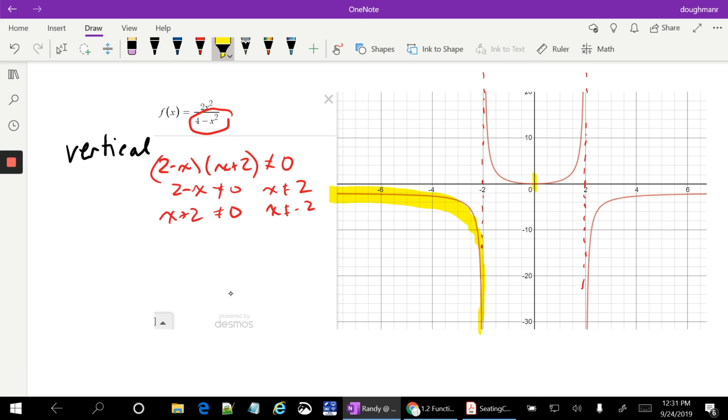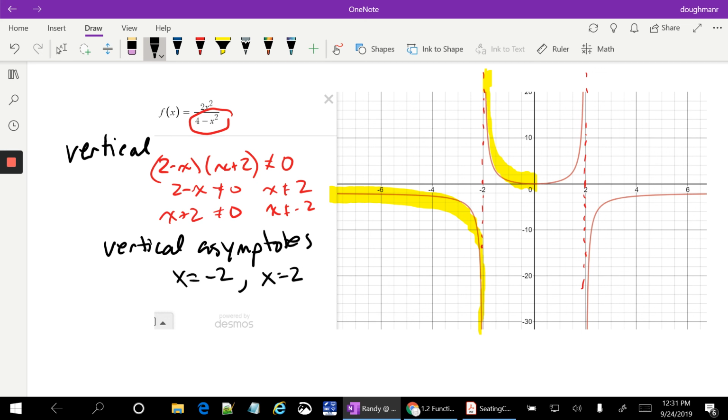And the same thing here, if I look backwards, never get to -2. So that's an asymptote. So the vertical asymptotes are x equals -2 and x equals 2.